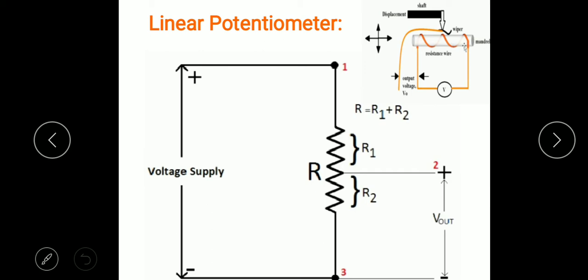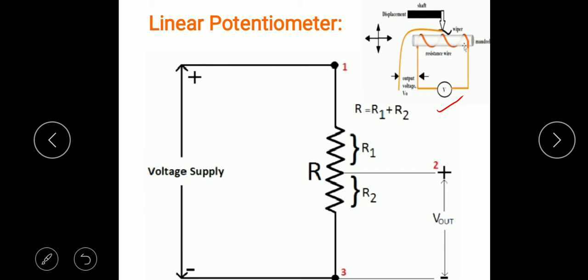We can see here the circuit diagram, in which we can see the voltage and so on. Before going to this, you can see one diagram at the corner that I have shown here. In the diagram you can see the input voltage V has been given, and in the circuit one wire is connected to the mandrel, a resistive part or insulating member.